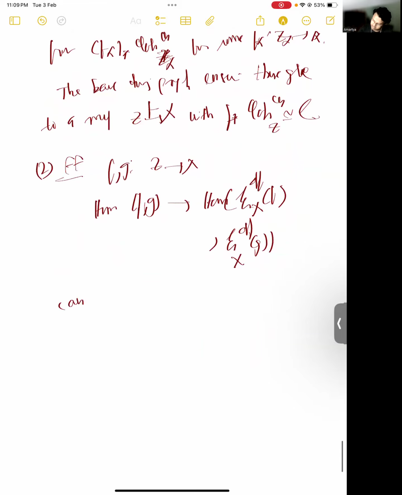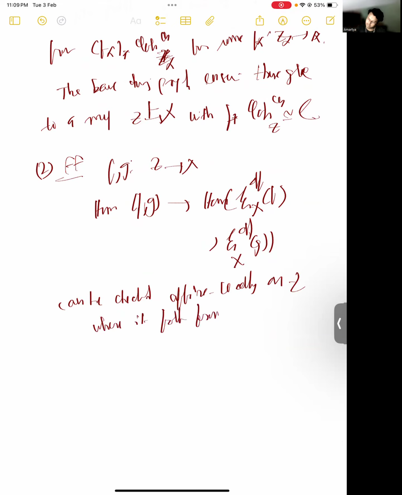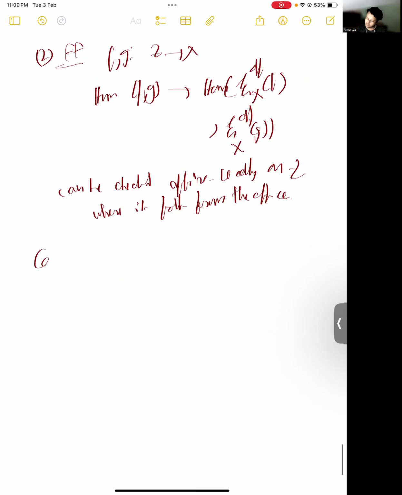So yeah, this can be checked affine locally on Z, where it follows from the affine case. Right. So that was the first case.